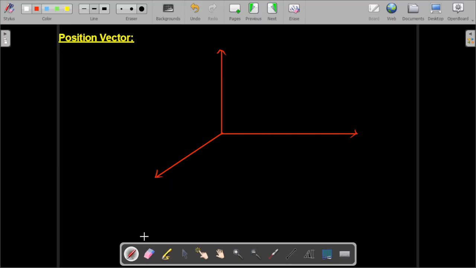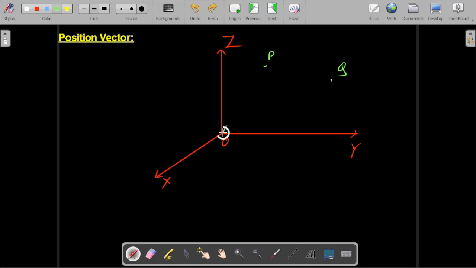Suppose this is our x-axis, this is y-axis, this is our z-axis. So this is our origin. And suppose we are given two points P and Q. This is P and this is Q. How can we denote the position vectors of these points?